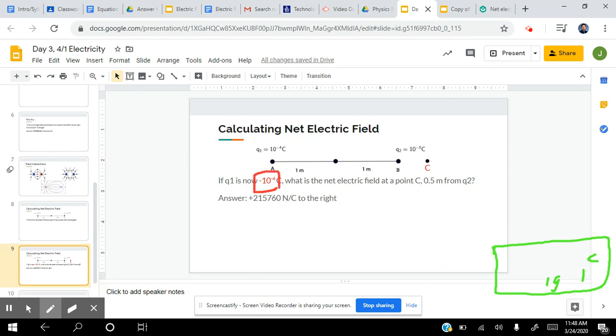All right, so keep in mind now that's going to be attracting in this direction. And I've also created a new point over here called point C. So I want you to figure out what would be the electric field at point C there. And point C is 0.5 meters away from Q. So this distance right here is 0.5, just for a little bit of clarification.